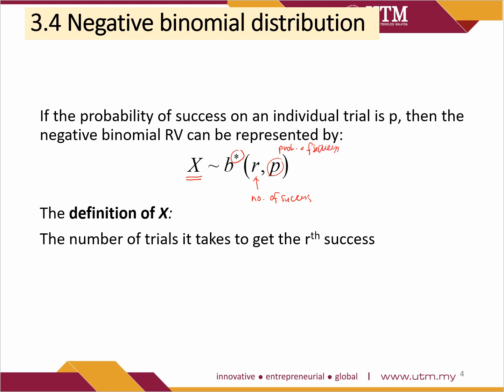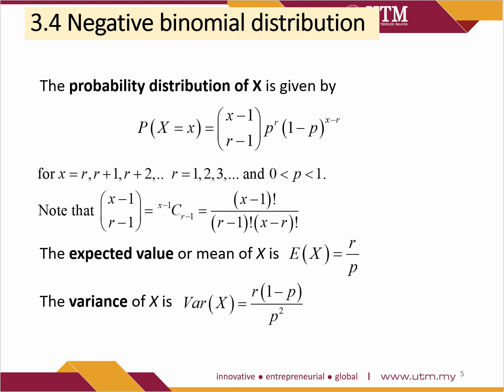So the definition of X is the number of tries it takes to get r successes, where the number of trials is defined as our small x. The probability distribution of X is given by this formula.